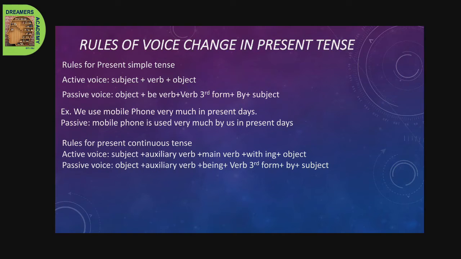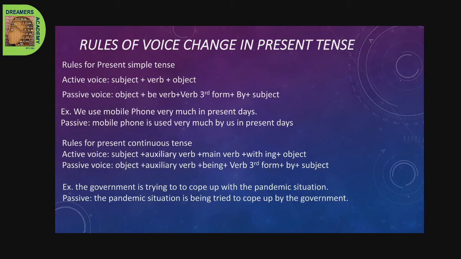Then rules for present continuous tense. Active voice: subject plus auxiliary verb plus main verb with ing plus object, and passive voice: object plus auxiliary verb plus being plus verb third form plus by plus subject. Example: the government is trying to cope up with the pandemic situation.